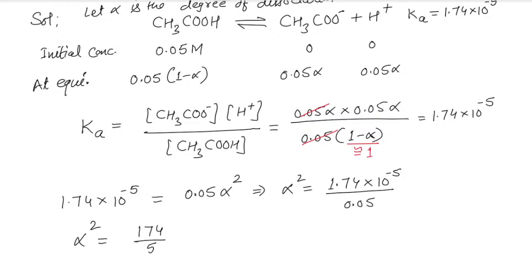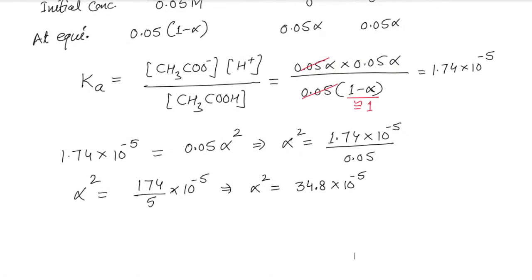Yes, questions are the same, but we need practice so that we are used to these types of problems. 5 3s are 15, 5 4s are 20, so it is 34.8 × 10^-5.